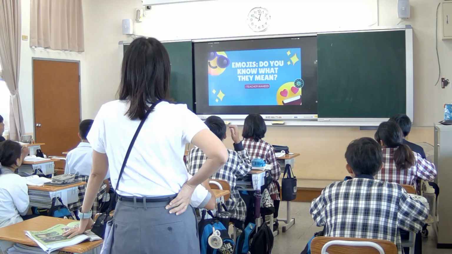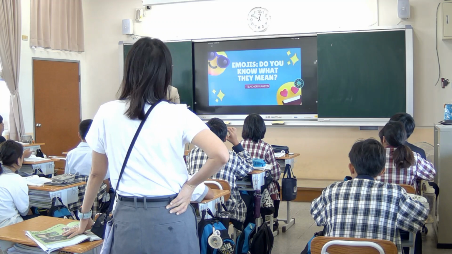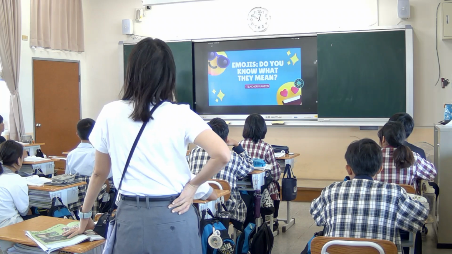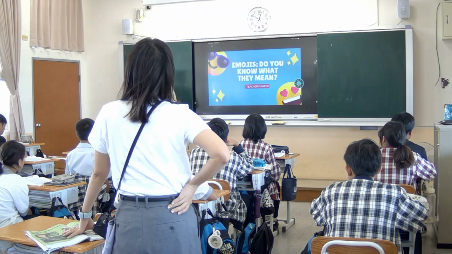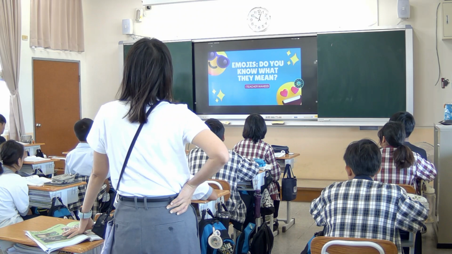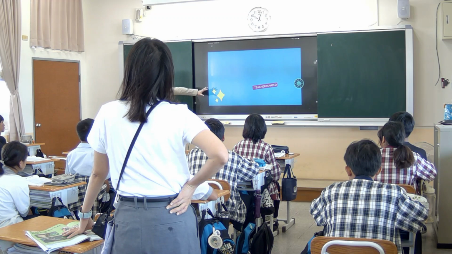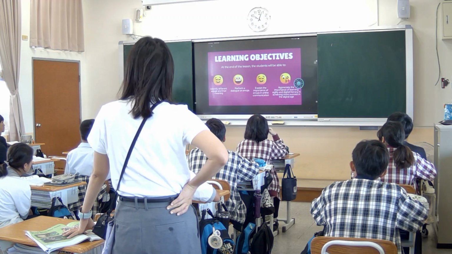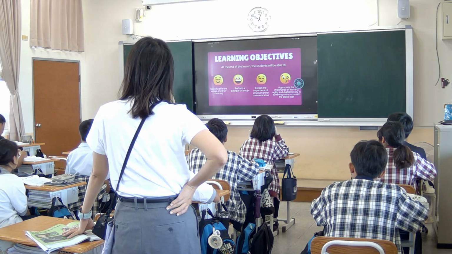Anyway, so this will be emojis. Do you know what they mean? Because you are from the 21st generation, you probably know what emojis are, but later we will go deeper into their context and how these characters create meaning when we talk to other people. Today we will identify different emojis and their meaning. We will perform the dialogue in your book, the one I told you, on page 75.